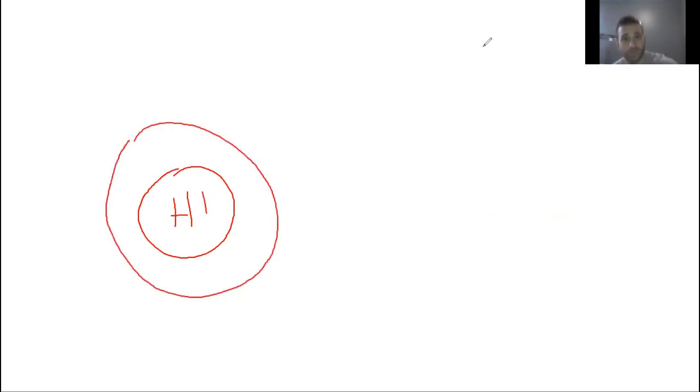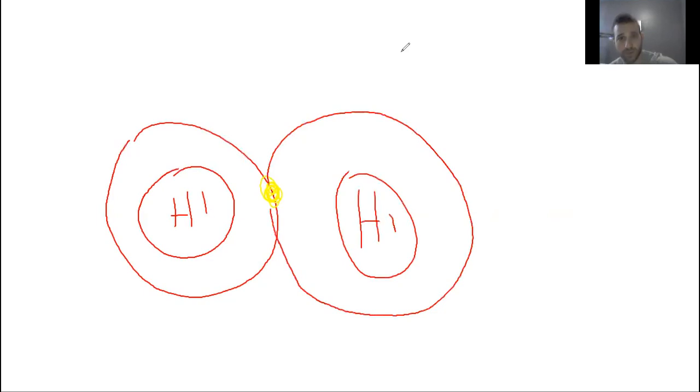So H2: there's one hydrogen atom, and it's got one proton, and it's got one electron. And then we've got another hydrogen proton, and it's got another electron.